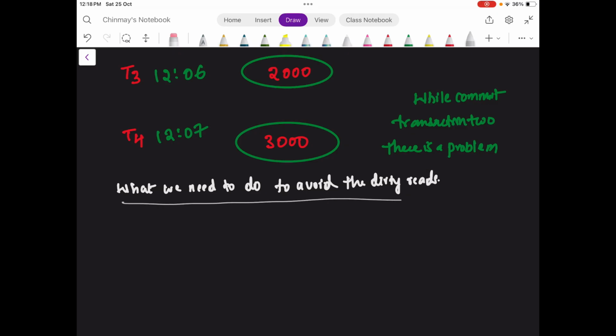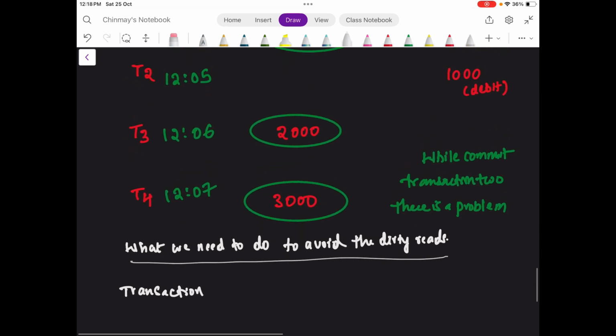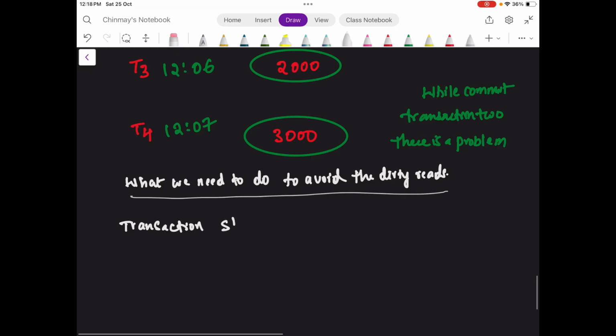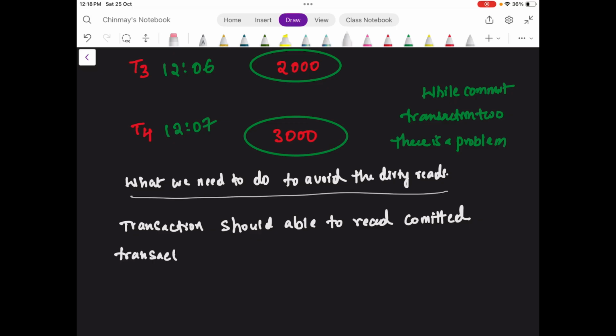That means a transaction should be able to read committed transactions only. This is the only solution.